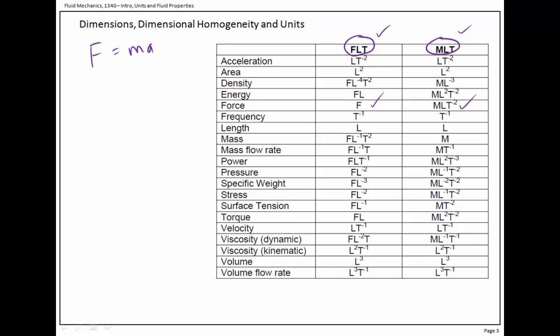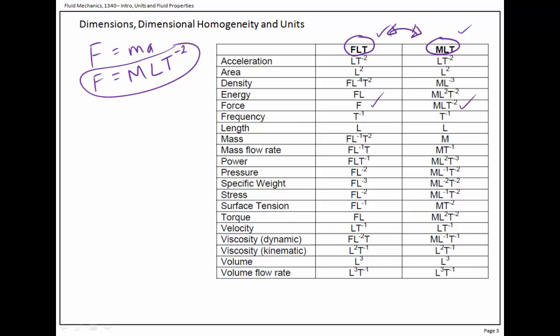If you take a look at acceleration, it makes sense that acceleration is going to be length per time squared, like meter per second squared or foot per second squared. So you can see that this is actually the go-between between these two systems.